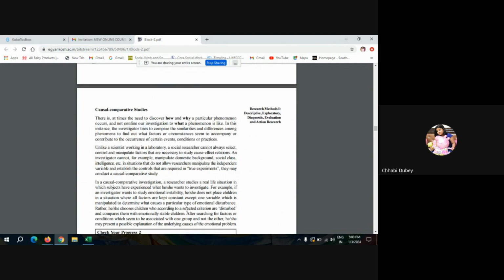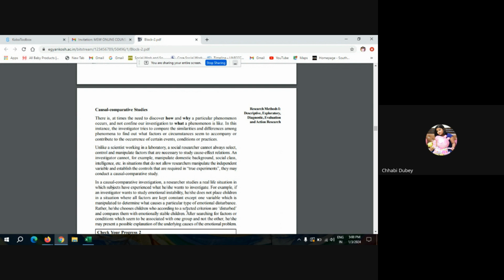In a causal comparative investigation, a researcher studies a real life situation in which subjects have experienced what he or she wants to investigate.